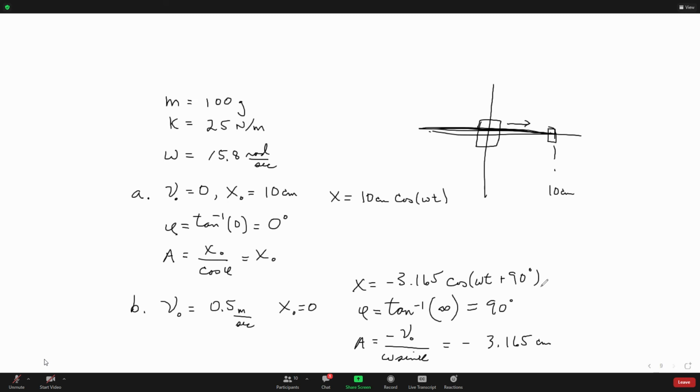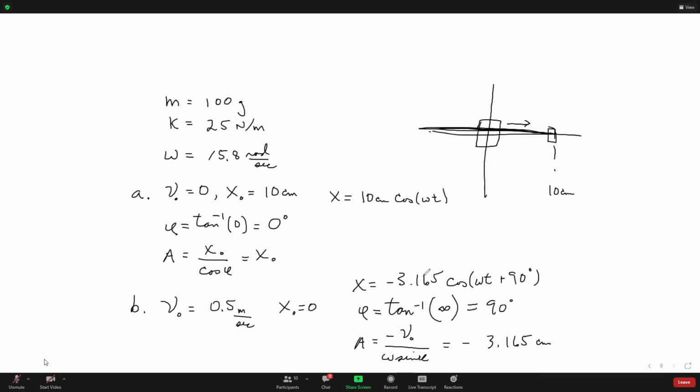All right. Now, if you're bothered by the negative sign here, don't be. It doesn't matter. The maximum extension of the mass is still going to be 3.165 centimeters. This minus really just affects the phase.